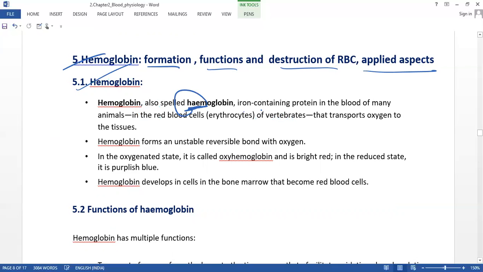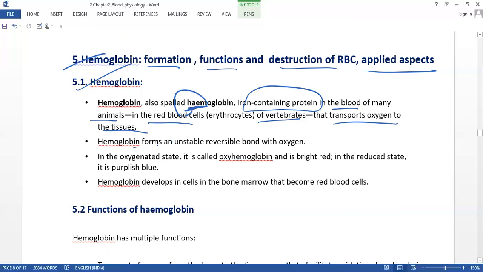This is the iron containing protein in the blood of many animals, that gives the red color. It is in the red blood cell of the vertebrates that transports oxygen to the tissues.